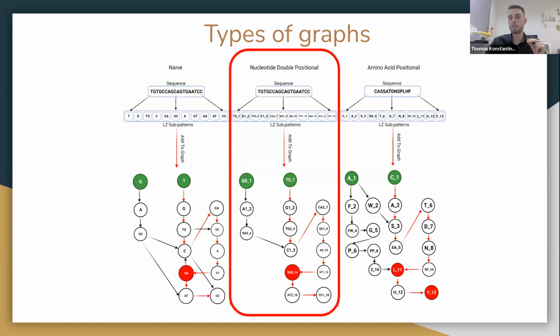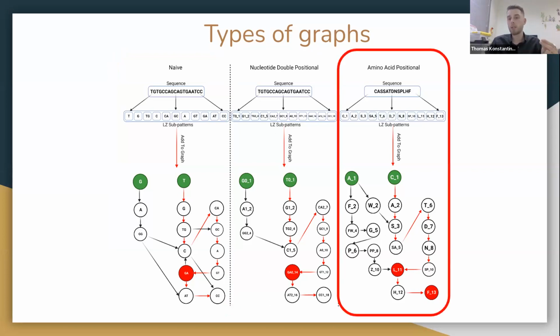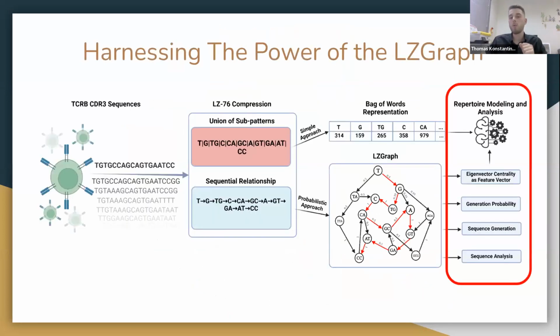This graph is essentially the same as the naive graph, but each sub-pattern, each node, is connected with a suffix that represents the reading frame and the absolute position of the sub-pattern in the source sequence. The same logic is applied to the amino acid case, where we don't need the reading frame. We just connect a suffix which indicates the absolute position in the sequence. So we have an understanding of what an LZ graph is.